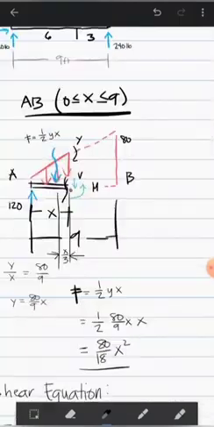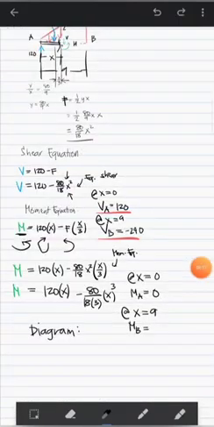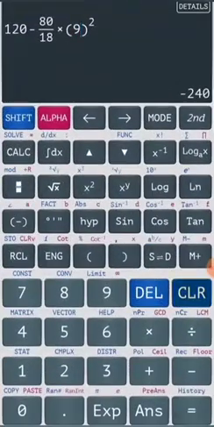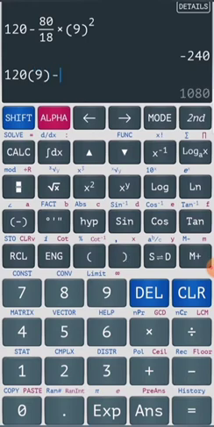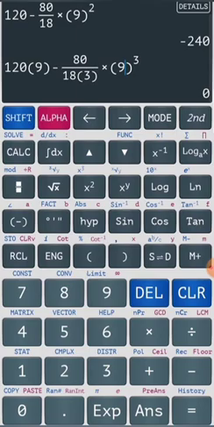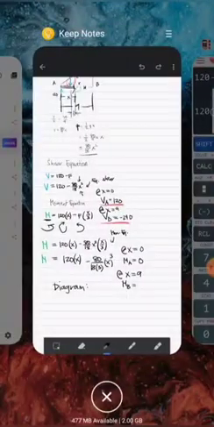So here is the very end. So we just substitute 9. So 80 over 18 times 3. So 120 times x, that's 9, minus 80 over 18 times 3, times 9 cubed. So our answer is 0. It returns to 0.